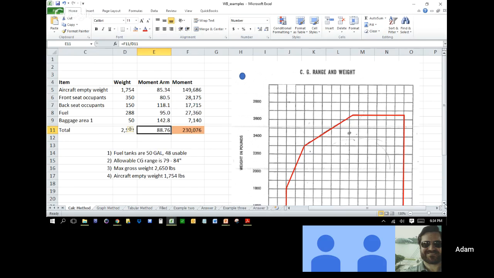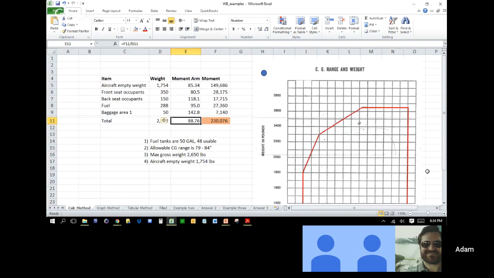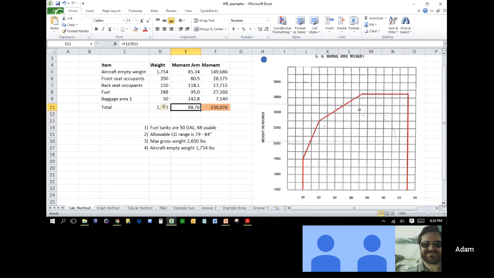And we're lucky today with this loading scenario, because 88.76 is within the envelope. It's right here, and 2592 is below our gross weight. So if I had to put a point here, I'm going to go right around 25, 26, somewhere in that neighborhood, right there.